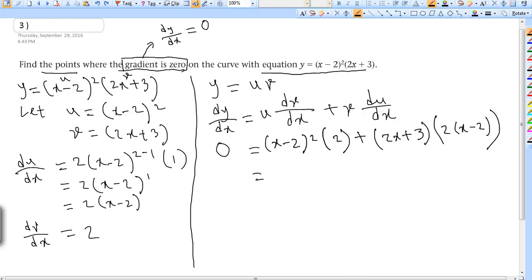Now we can see that we can take x minus 2 as common, and the only thing left here is 2x minus 2, 2, and 2x plus 3.